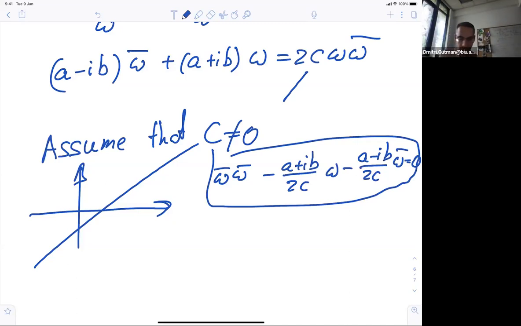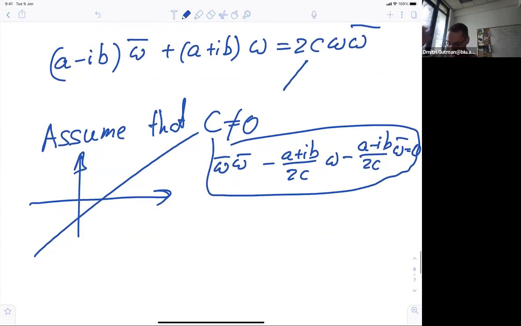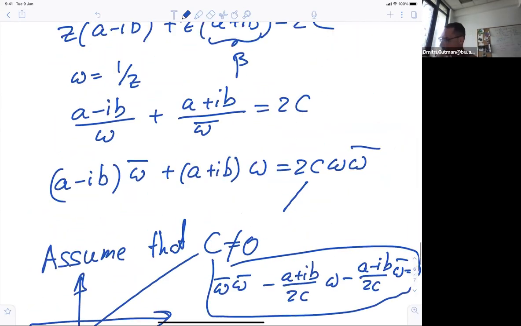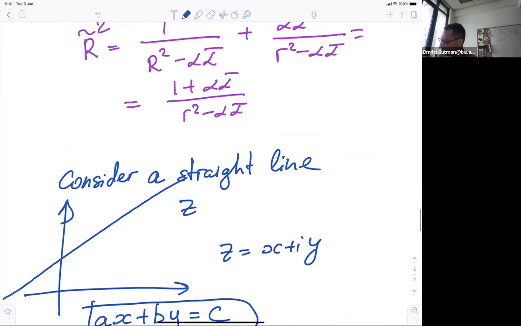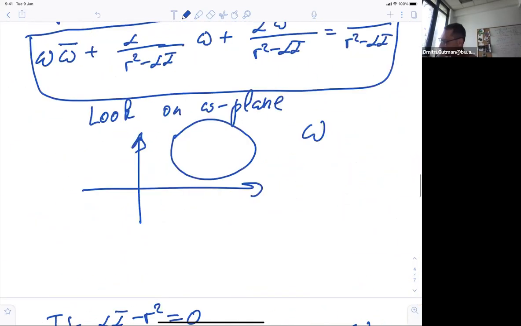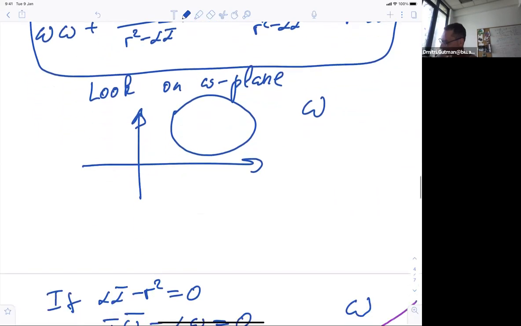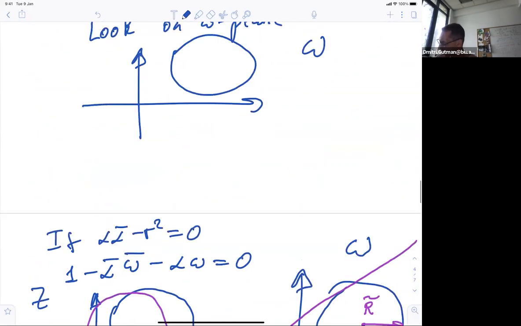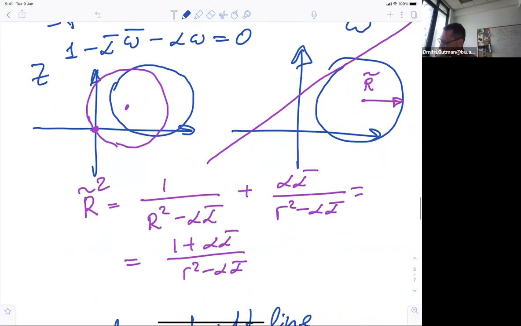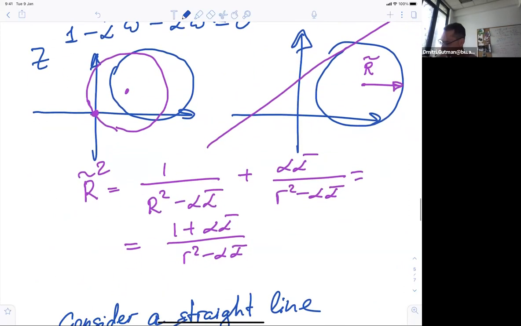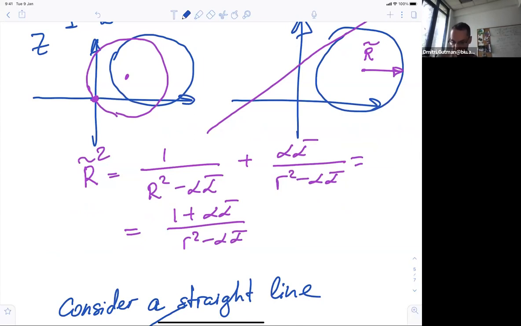I want to say that this is a circle, but it looks like a straight line also. No, if you go back on this equation on the w plane, then you will see, oh, just a sec.